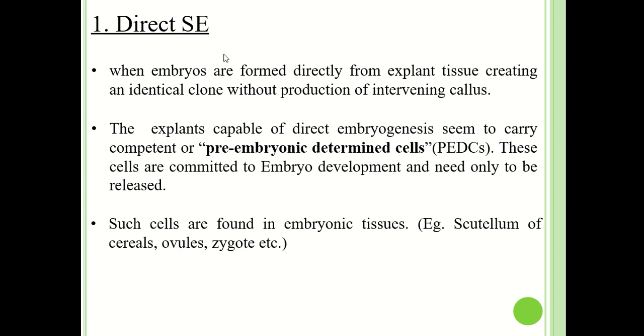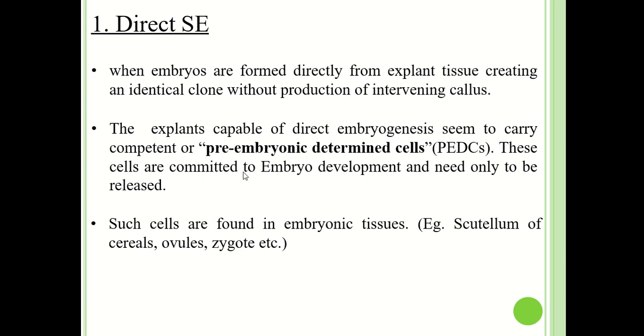What we need to keep in mind is that here there is no formation of callus, so that's why it is direct somatic embryogenesis. The explants are capable because they have pre-embryonic determined cells, which give rise to the embryo.